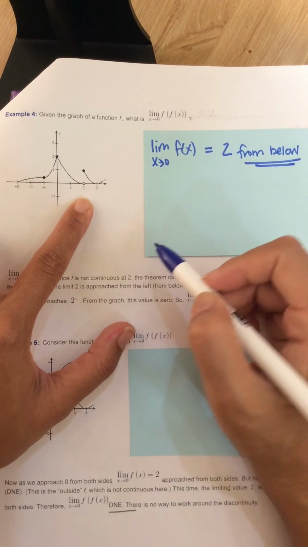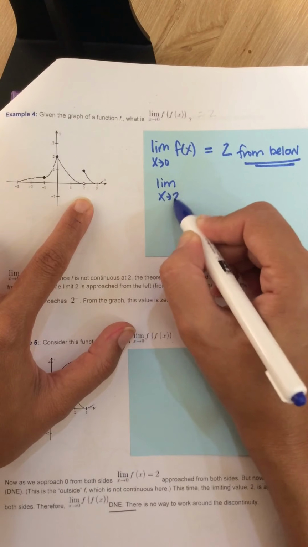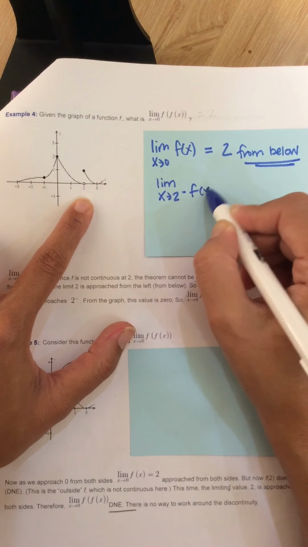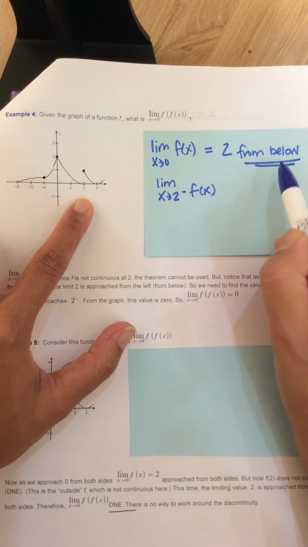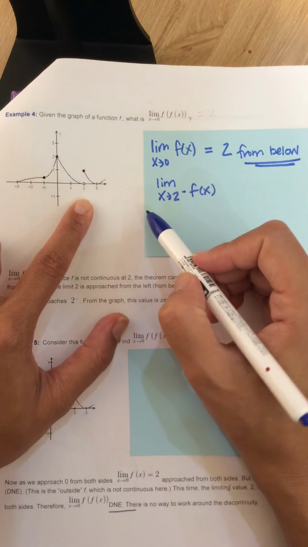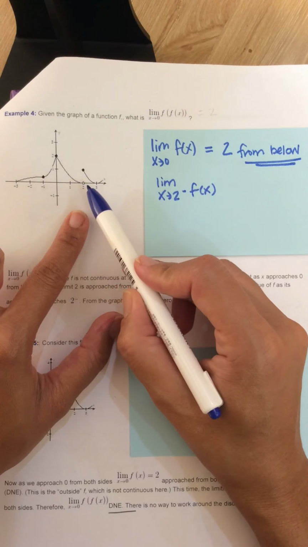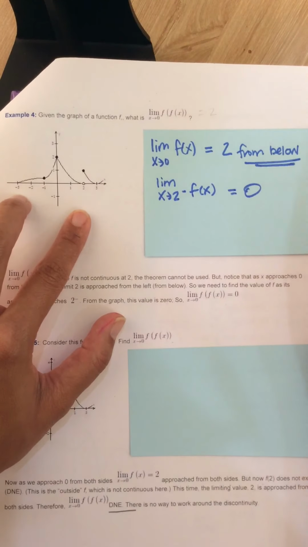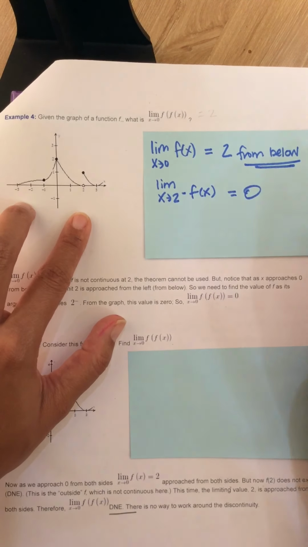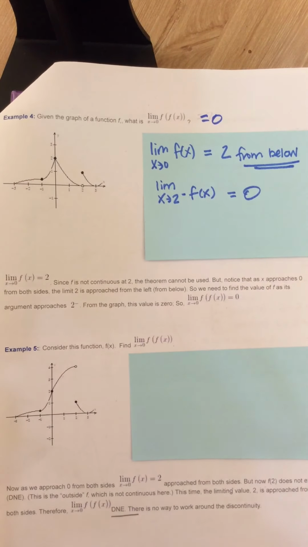So I have to use this from below tip to help me figure out what the answer is going to be. So now I'm going to take the limit as x approaches 2 from the left, because I'm getting it from here, of my outer function f of x. Okay, x approaches 2 from the left, the value of that is 0. So the value of this whole function is 0.